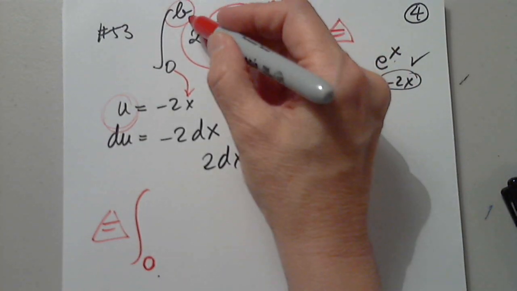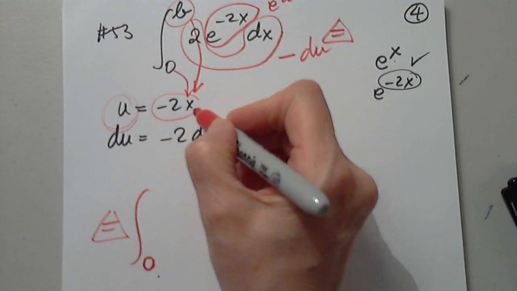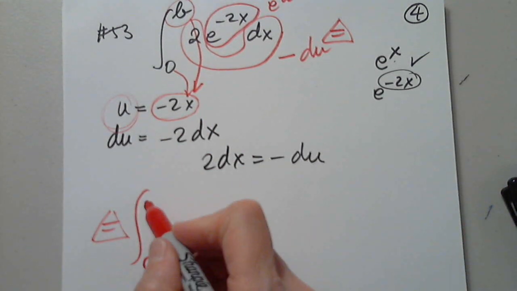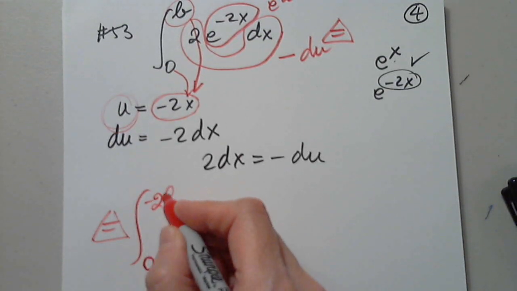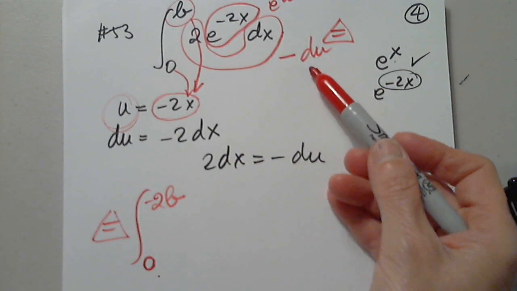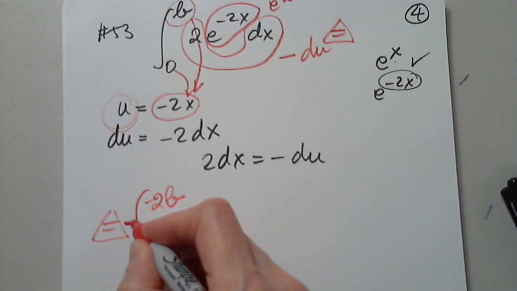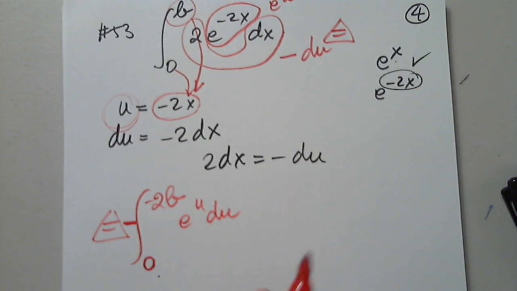When the upper limit for x is b, what will be the upper limit for u? Negative 2b. That's it. So now, 2 dx is negative du, so I'll put a negative outside. And I have e to u du.